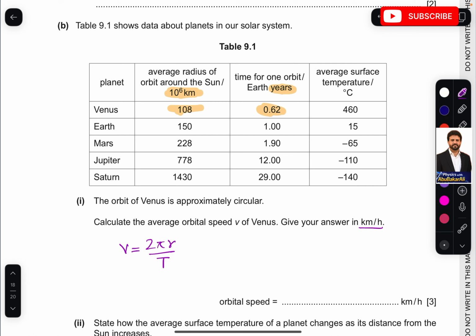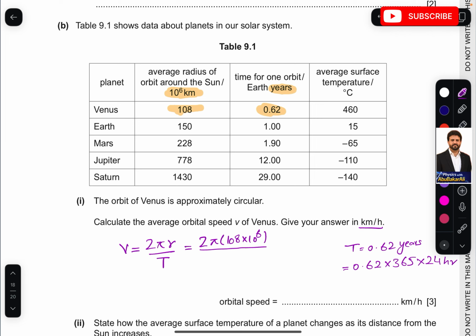So R is correct. You can simply write down 2 pi R is basically 108 times 10 to the power 6, and it is in kilometers. You have to keep that in mind. T you have to convert. T is basically 0.62 years. You have to convert into hours. So 0.62 times 365. In 1 year, there are 365 days, and in 1 day, there are 24 hours.